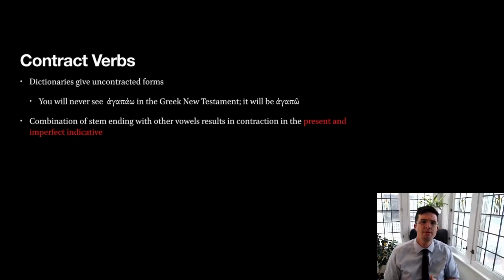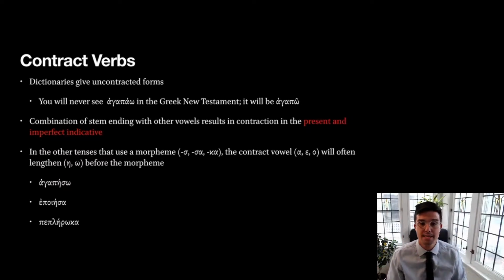And then the other thing to note is that these contractions only happen in the present and the imperfect indicative. The other tenses are not affected the same way by contract verbs, or contraction doesn't happen with the other tenses, precisely because other things are added.